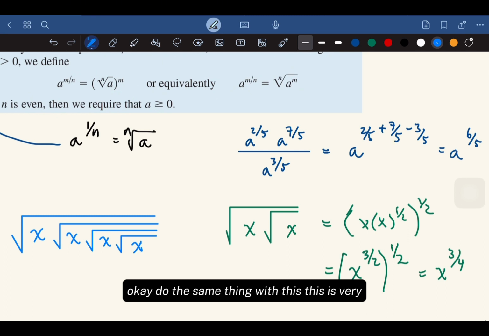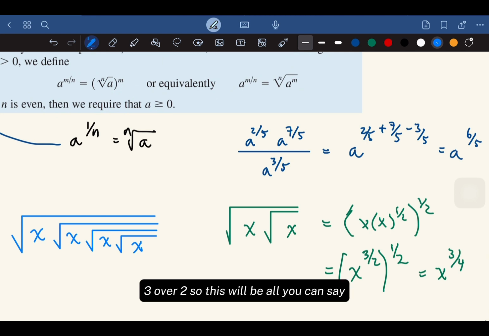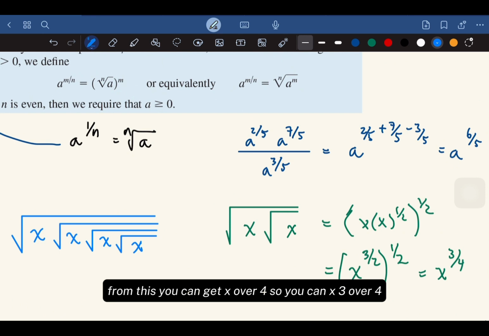This is very, very simple. From inside, half, and x to the 1, so x to the 3 over 2. Or you can say from this you get x to the 3 over 4, so you get x to the 3 over 4 plus 1, right?